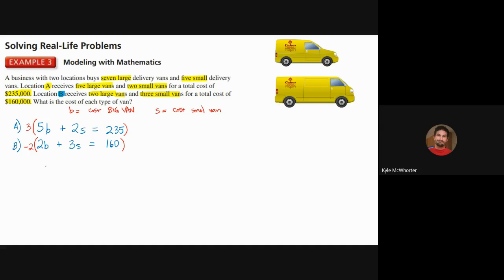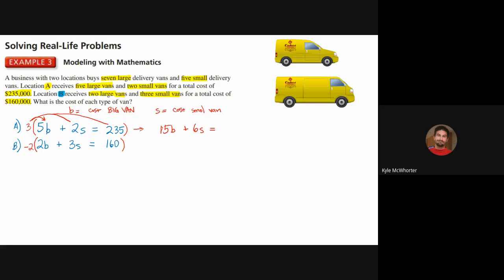Okay, so I am going to go ahead and start figuring out my new equations. 3 times 5b, 3 times 5 is 15, so that's going to be 15b. 3 times 2s, that's going to be plus 6s, equals 3 times 235.